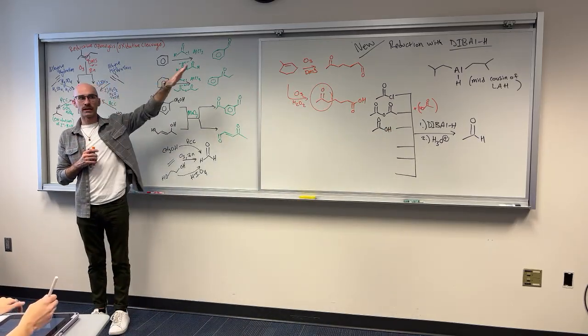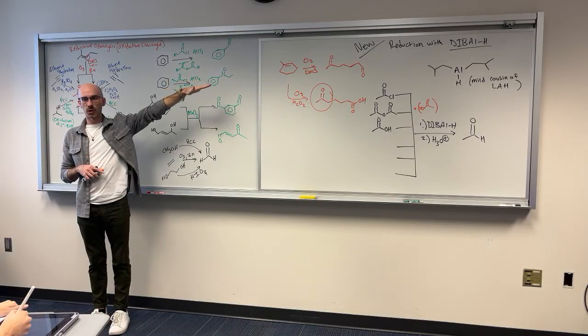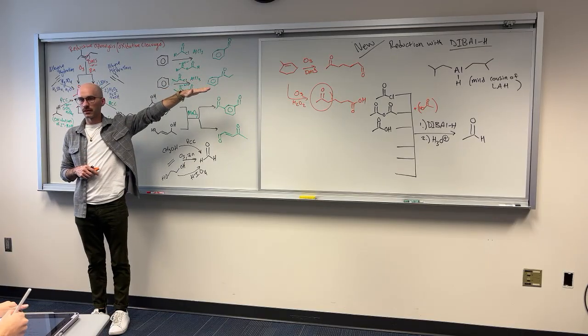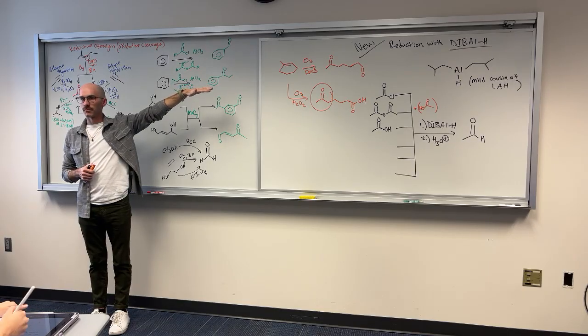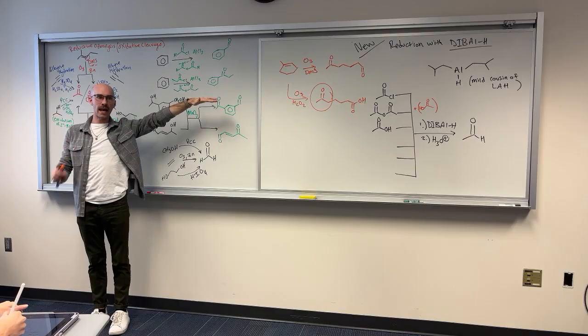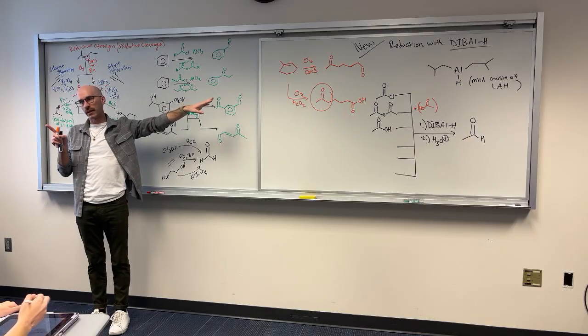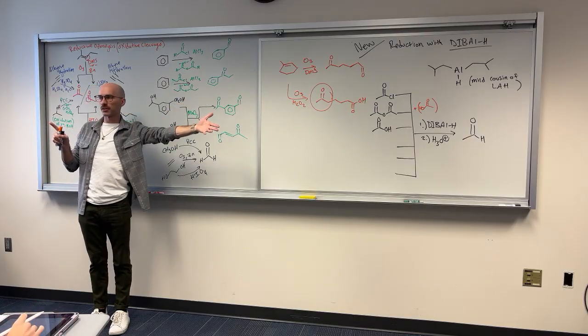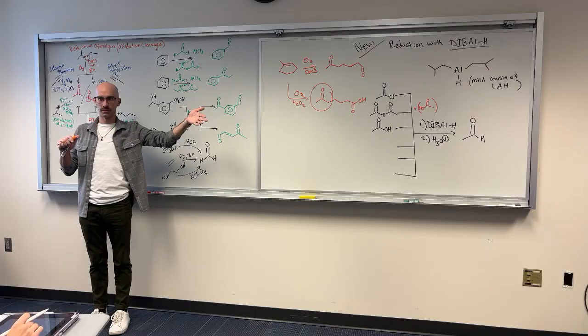Do you remember what acid anhydrides were reduced to before? Two primary alcohols with LAH, 1 primary alcohol and a carboxylic acid with NaBH4.